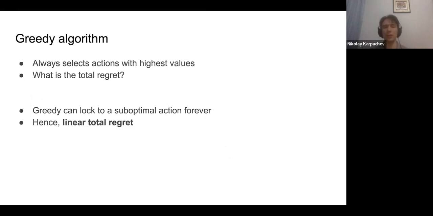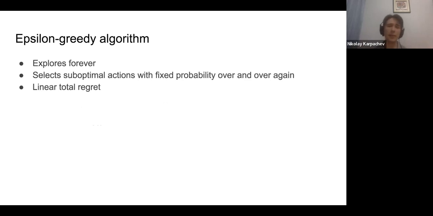So greedy, with very high probability, will have linear total regret because we can never find the optimal action. And epsilon greedy will probably find the optimal action, but it will continue selecting random stuff over and over again until the end of the life.